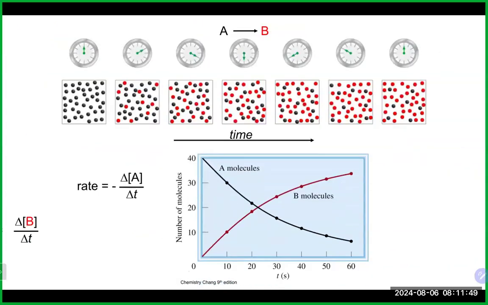And when we do look at a kinetics reaction, for example, here we can see with our circles at the start here, we pretty much have all of our A circles.